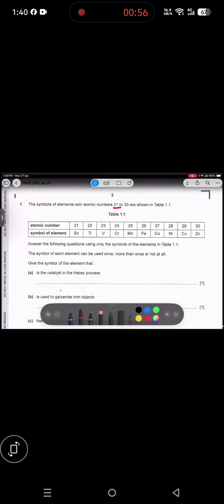The symbol of an element with atomic number from 21 to 30. So this row is the transition elements. The transition elements start from 21.